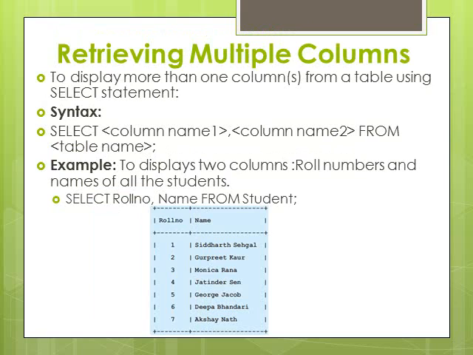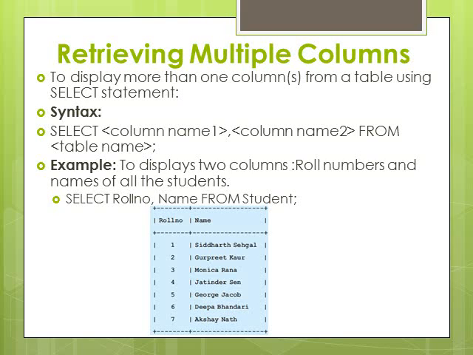If you want to retrieve more than one column but not all the columns from a table, then the select statement syntax you have to follow is select first column name, comma, second column name, comma, third column name, and so on from the table name.